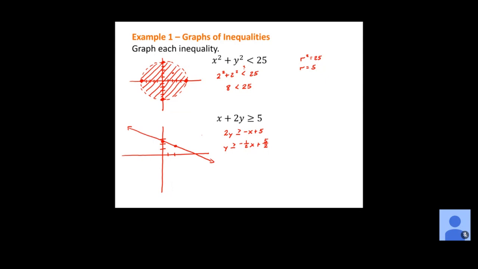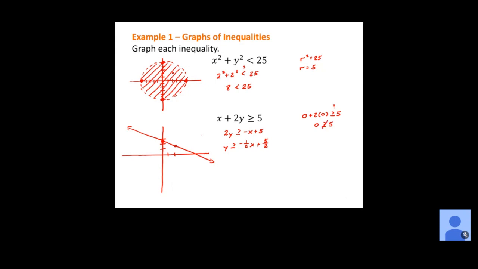And now we just have to figure out which way we're going to shade. So what's a point we could plug in here to help us figure out which way to shade this graph? Okay, 0, 0 again works, right? I'm going to go back to the original up here and say 0 plus 2 times 0. We want to know, is that greater than or equal to 5? Well, 0 plus 2 times 0 is just 0. Is that greater than or equal to 5?